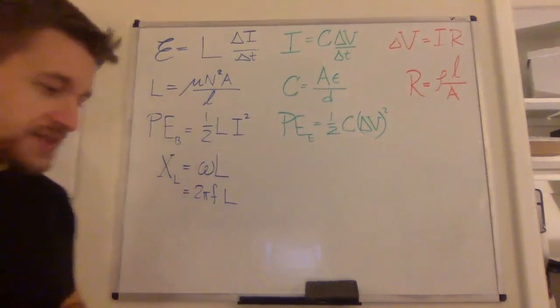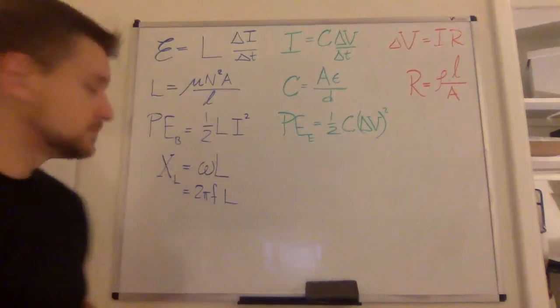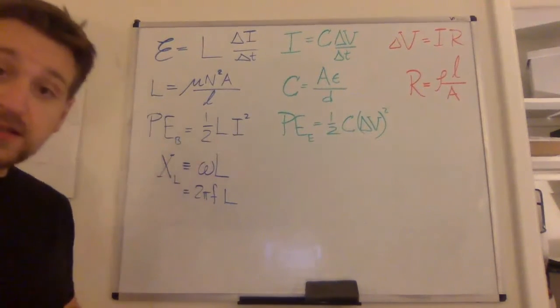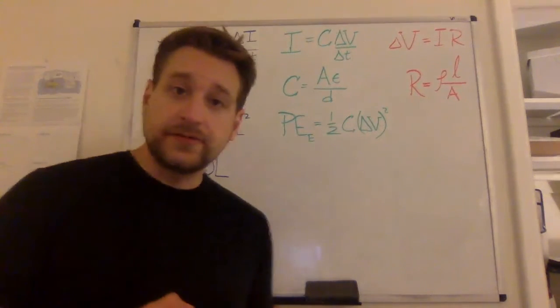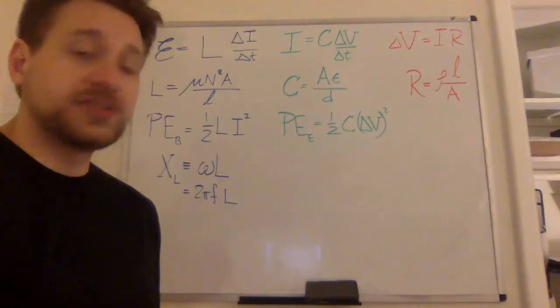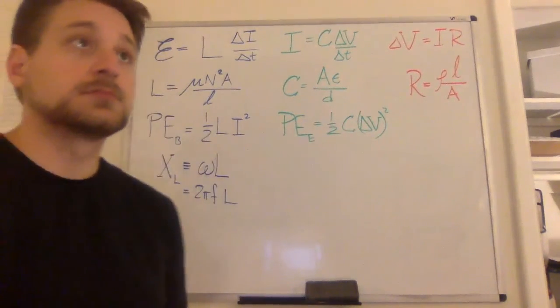We said in class Monday that it was given by, we defined it as omega L, where omega is related to the frequency of the alternating current, and L is the inductance.